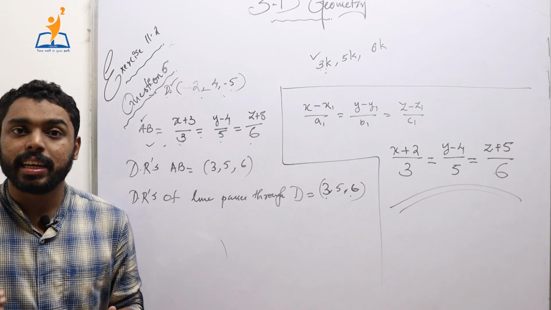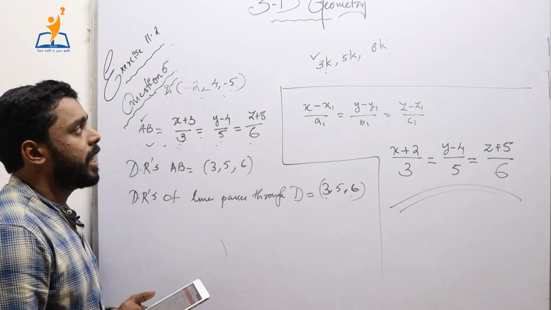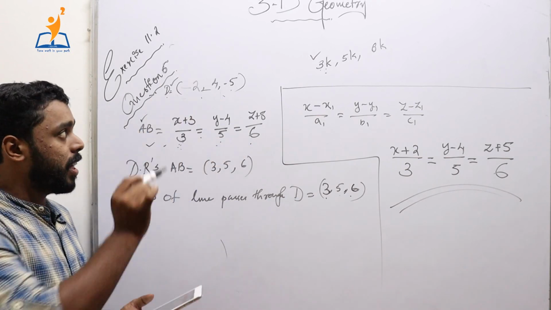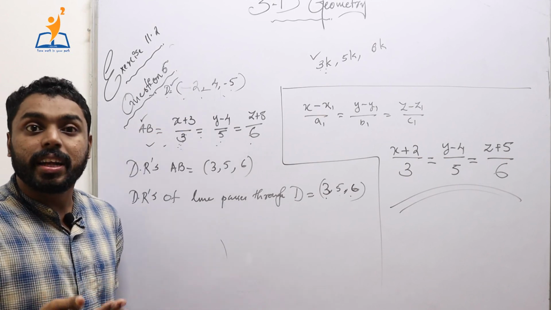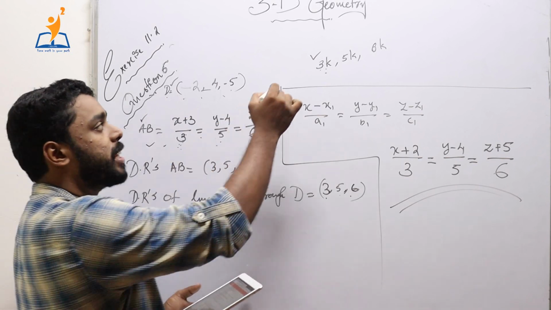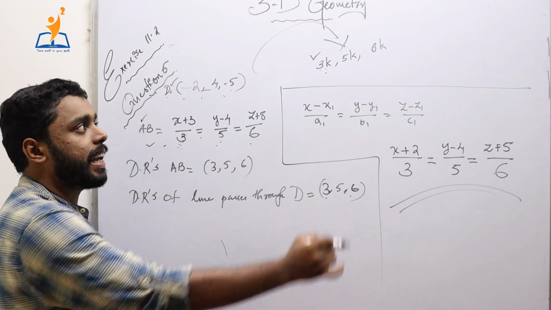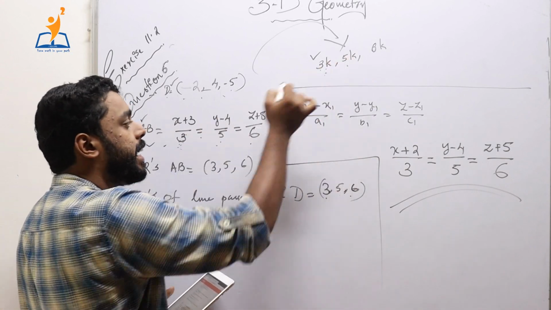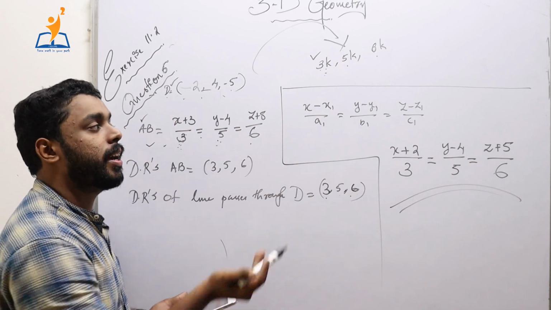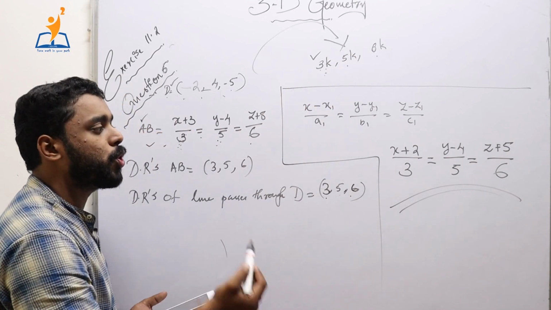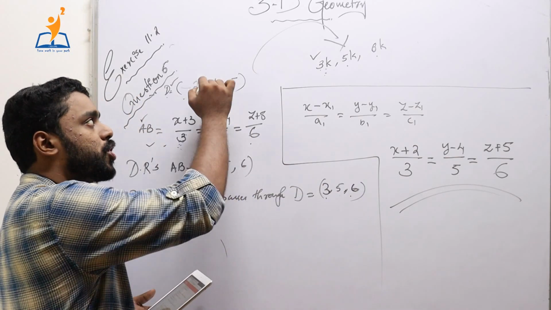Now, to explain the direction ratios 3, 5, 6: the two lines are parallel, so the respective components of the direction ratios are proportional. The direction ratios of this line can be 3k, 5k, 6k, which are proportional, where k is a constant. For any particular k, whether 1, 2 or 3, we get the same equation of this line.